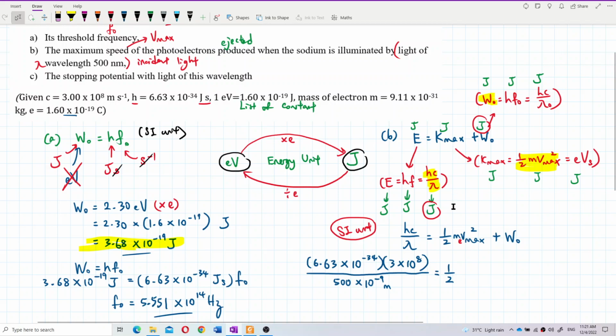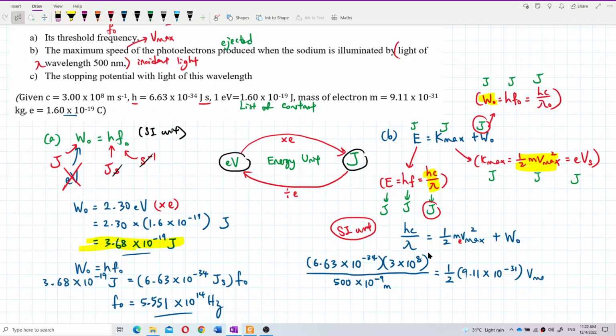It's an electron, so this mass is the mass of the photoelectron. The mass of electron is 9.11 exponent negative 31. Substitute that value also.